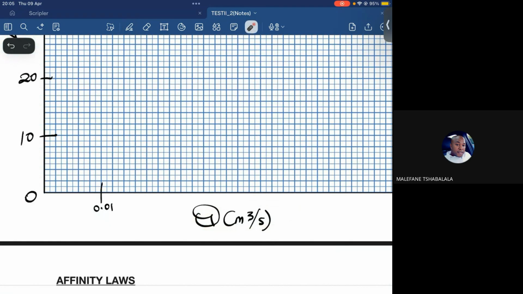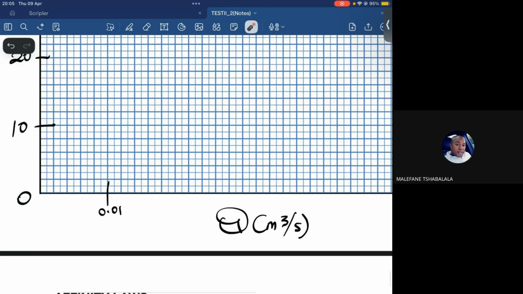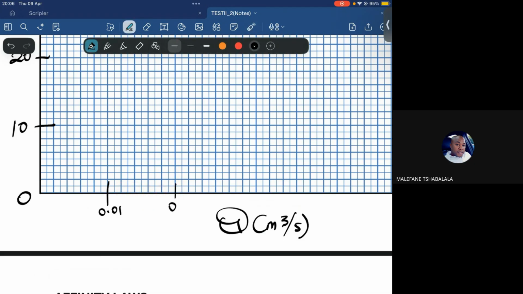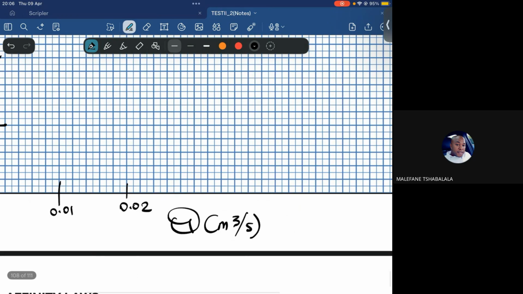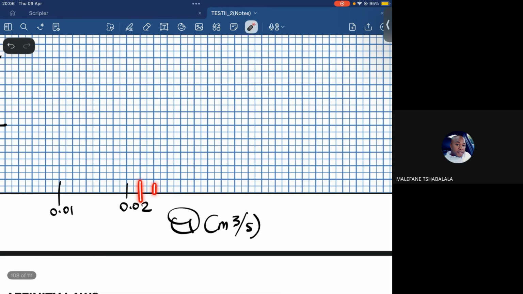From here we count 5 minor vertical grid lines again: 1, 2, 3, 4, 5. This will be our 0.02. Again 1, 2, 3, 4, 5, this will be our 0.03.